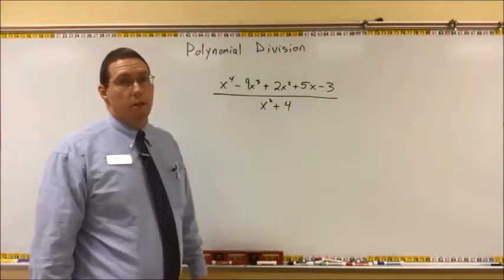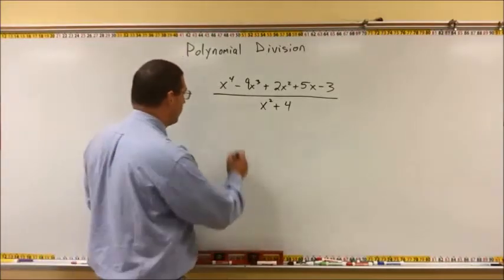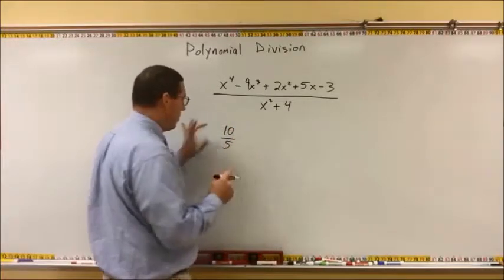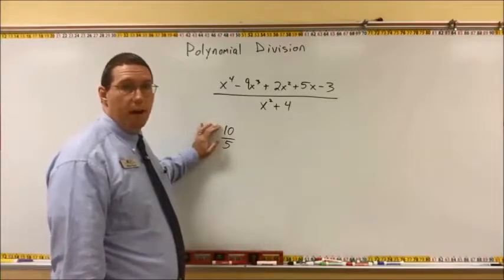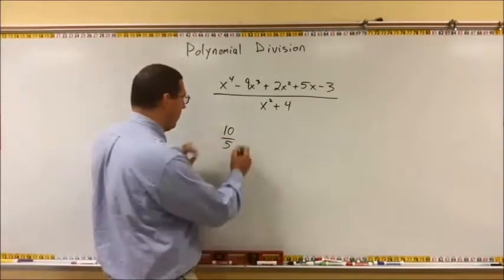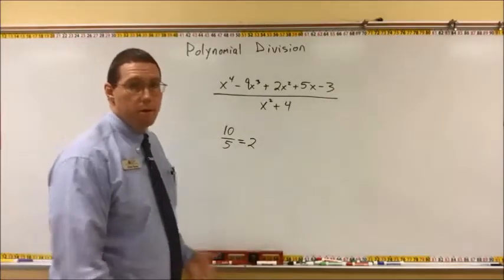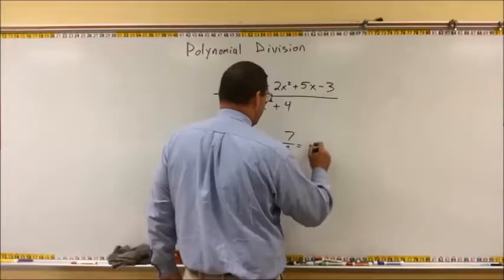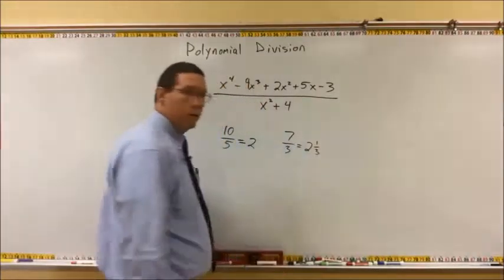It's a rational expression. But remember, with fractions, like if we have 10 over 5, it's also a division problem, right? So 10 divided by 5 is 2, and so 10 over 5 is the same thing as 2. Similarly, if we had 7 over 3, this would become 2 and 1/3, correct?